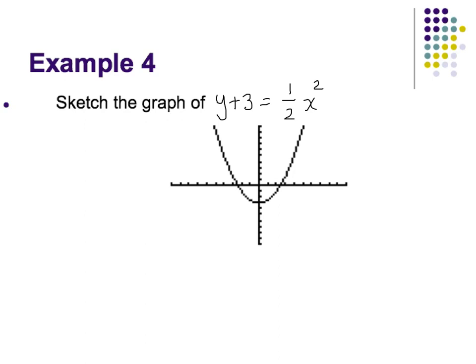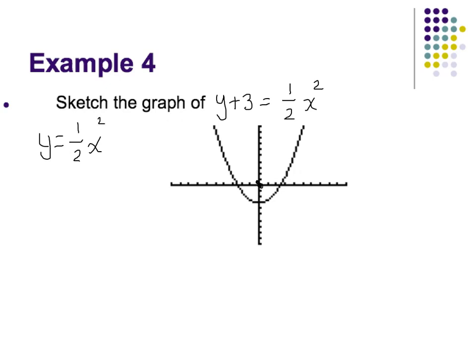So in example 4, we're asking you to sketch a graph of the equation y plus 3 equals 1/2 x squared. What we notice is that the a value is 1/2. So if we sketched y equals 1/2 x squared, we would see that it has a vertex at (0, 0).